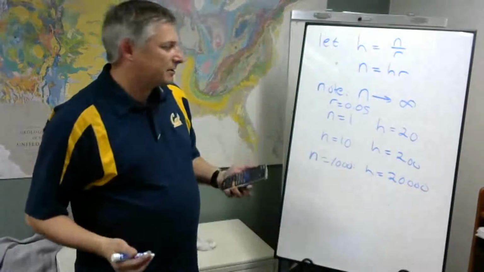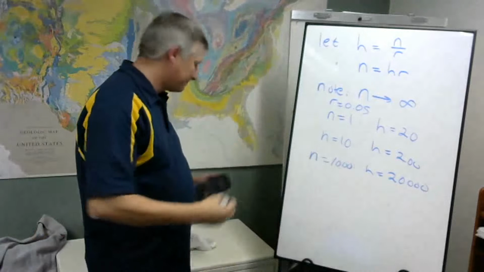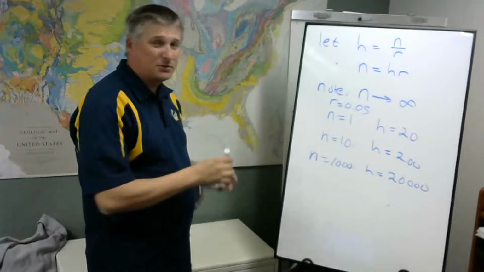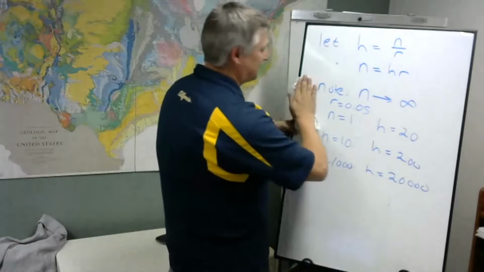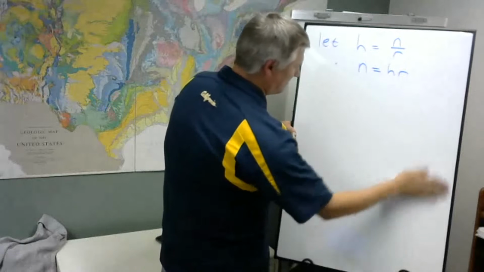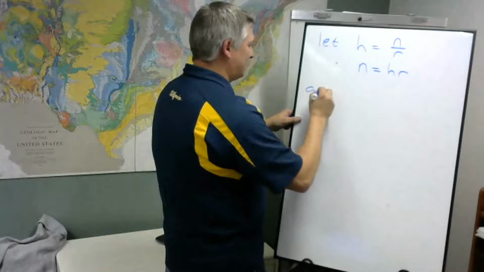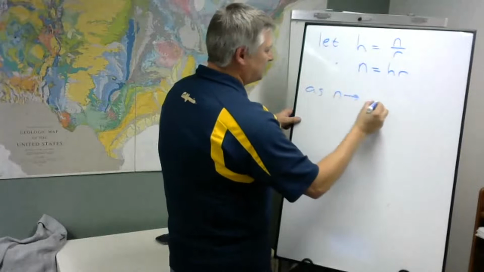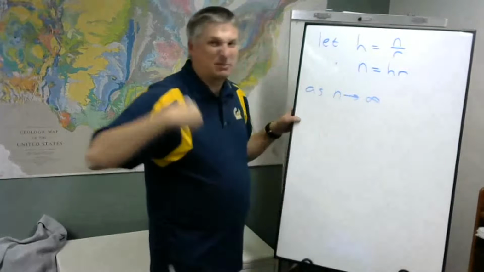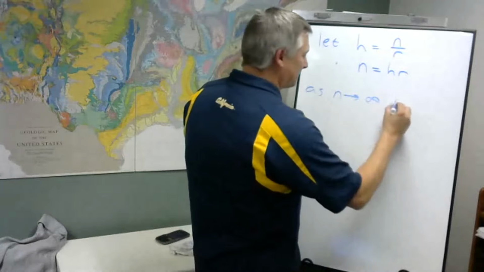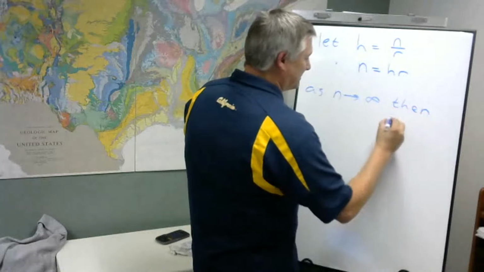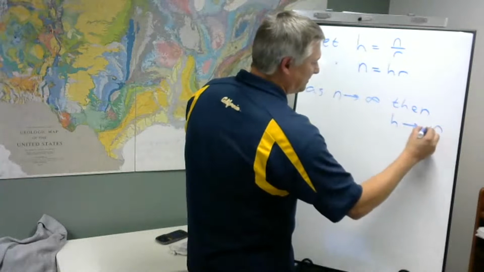So as n gets bigger, h gets bigger. So this is what we're going to say. As n goes to infinity, as n just keeps getting bigger and bigger, then h gets bigger and bigger. H goes to infinity.